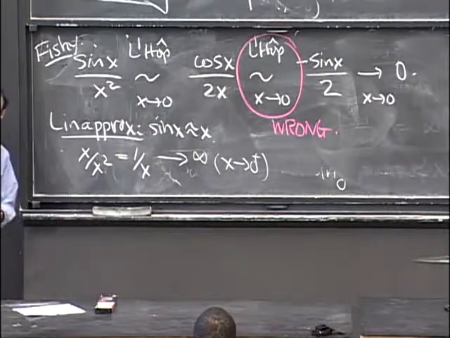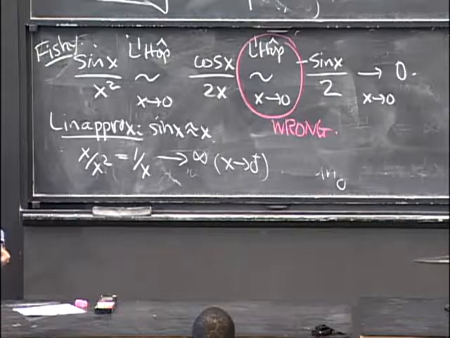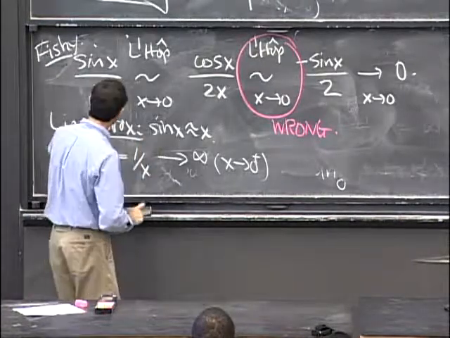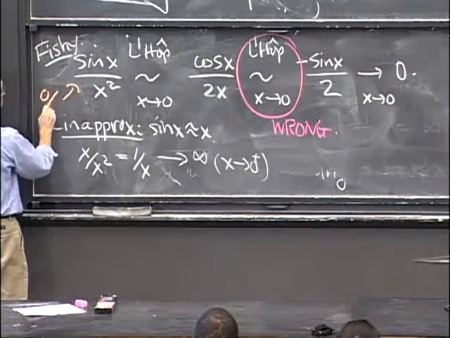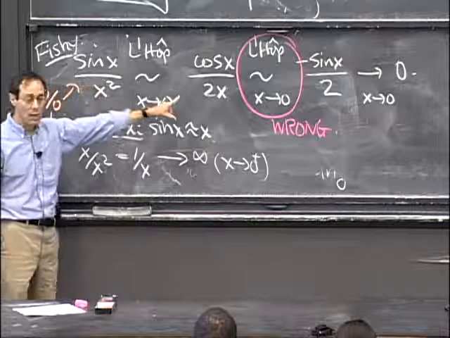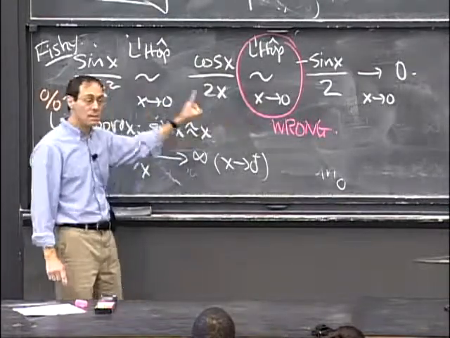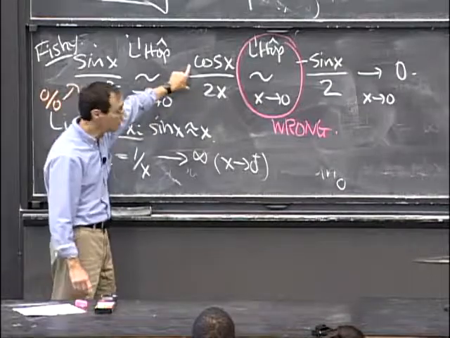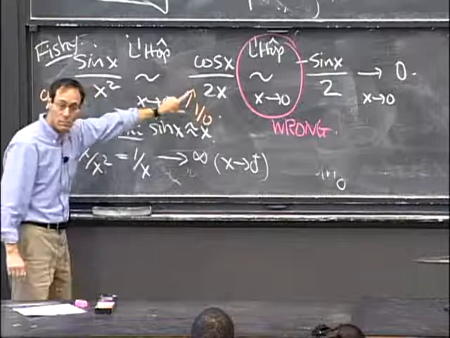And that's correct. And this is where you have to watch out with L'Hopital's rule. This is exactly where you have to watch out. You have to apply the test. Here, it's an indeterminate form. It's 0 over 0 before I applied the rule. But in order to apply the rule the second time, it still has to be 0 over 0. But this one isn't. This one is 1 over 0.